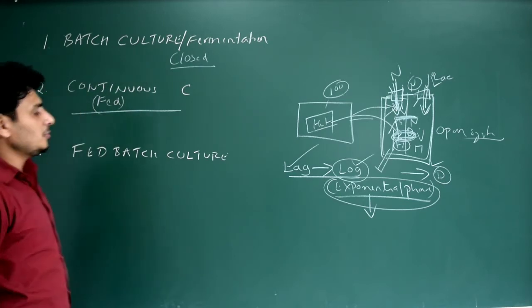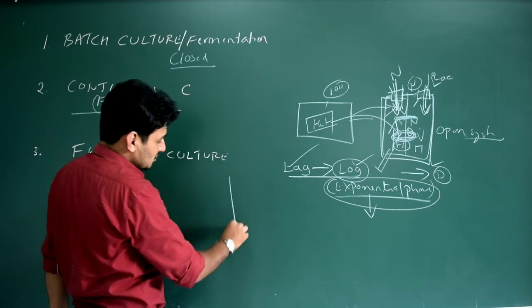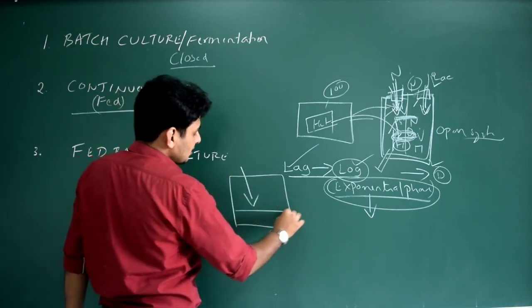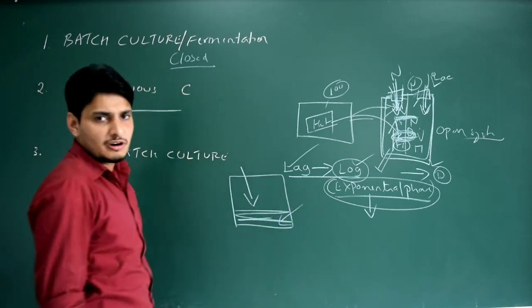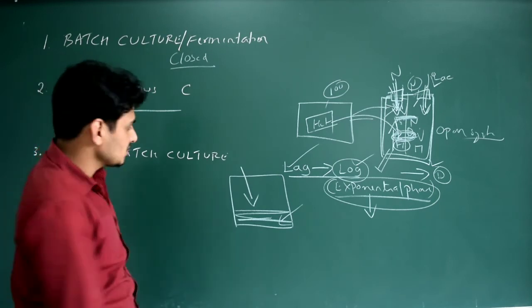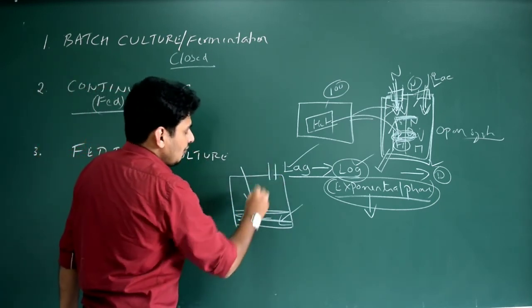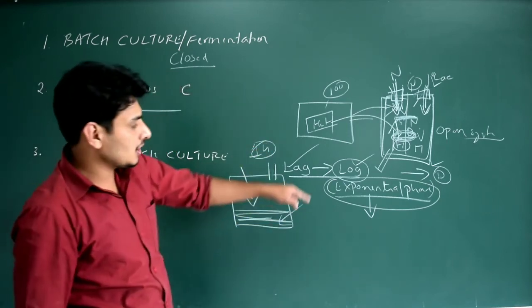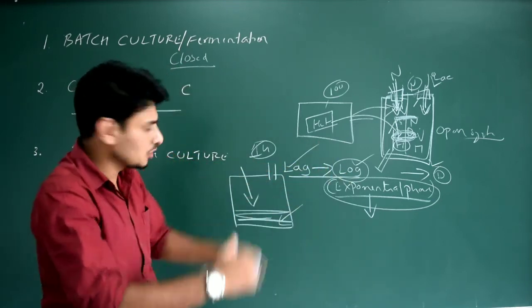The next is fed batch culture. It is the combination of both open system and closed system. So here, for example, first I will go with the batch culture. I will put in all the nutrients required for the growth of this heterologous organism. Done. After running the machine for 1 hour, I feel that I need to supply more nutrients to facilitate more rapid growth of that heterologous organism.